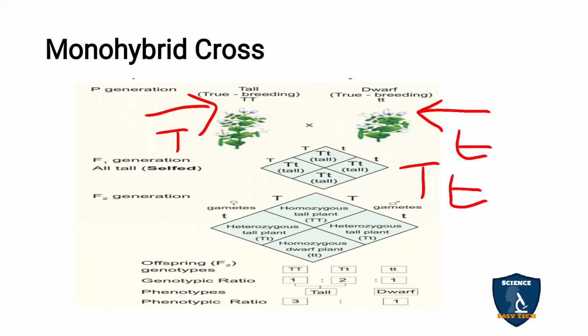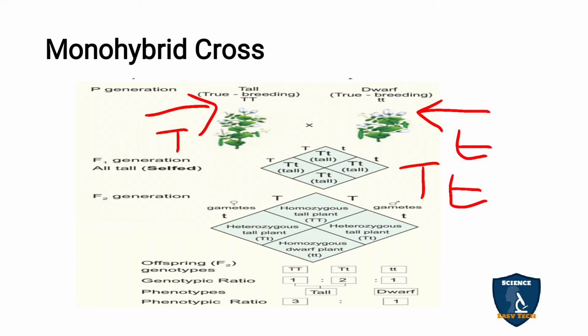The gene it possesses is one capital T and one small t, that is the heterozygous condition, but the character comes out as tall. Phenotypically you can see it is tall because capital T is dominant over small t. So according to the law of dominance, the dominant character will suppress the recessive character.